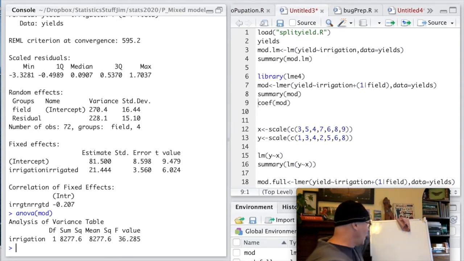is we would start with the likelihood of what we'll call a null model divided by the likelihood of what we can call the full model, okay?